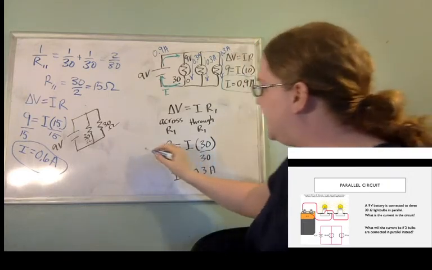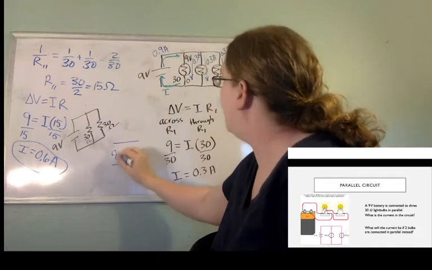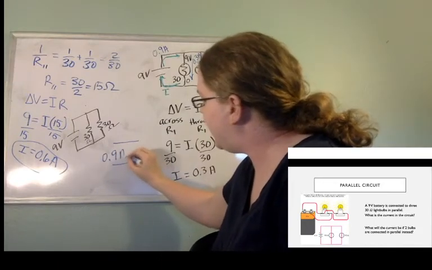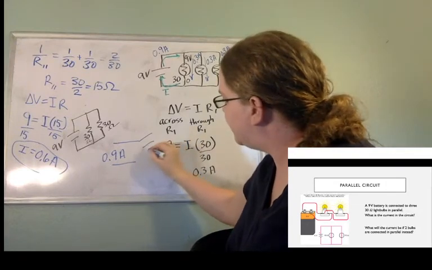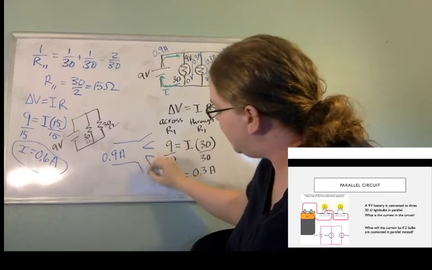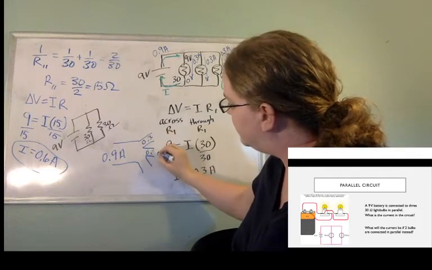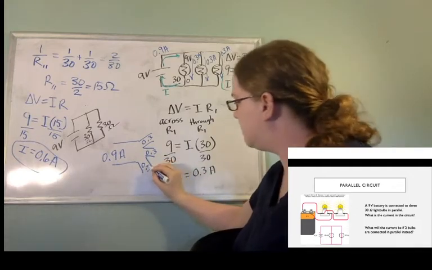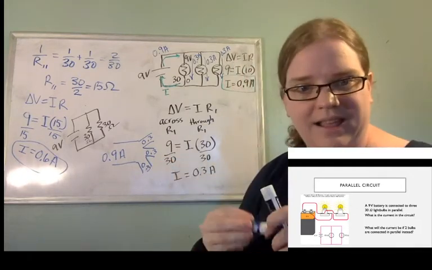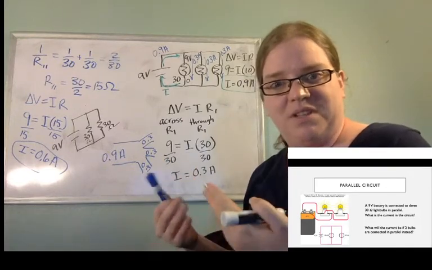What's really happening is it's like you've got a really big water pipe with your 0.9 amps, and then we're splitting it into 3 equal water pipes, and they each get 0.3 of it. And 0.3 plus 0.3 plus 0.3 would be 0.9.